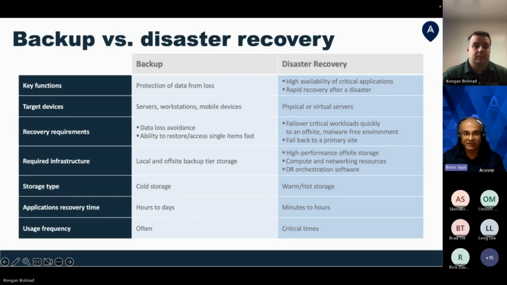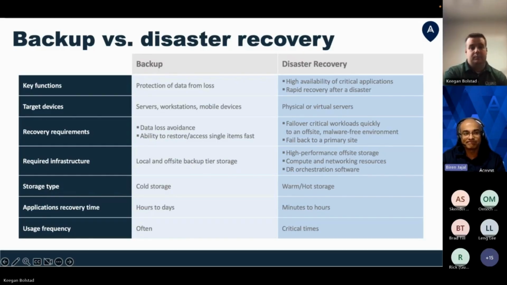Their functions are different. The backup is more around preventing data loss. It's about quick recovery. It's all-encompassing, covering all of the devices, and having that copy of the data to recover from, usually from inexpensive media. Disaster recovery is all about the criticality of the workload and being able to resume it very quickly, typically from more hot storage.